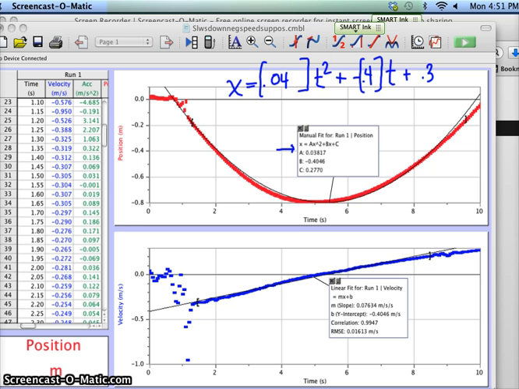Well, the easiest way to figure out the units is to look at the equation itself. Position has to be in meters, therefore this number has to be in meters for the equation to be correct.